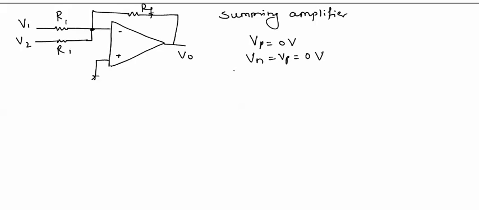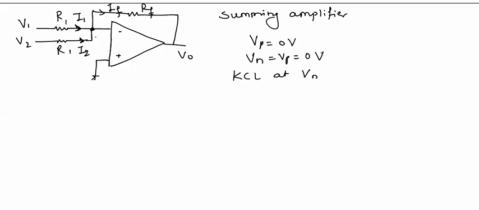Next we will apply KCL at Vn. If we apply KCL at Vn, we will mark all the currents. Suppose I mark this current as I1, this current as I2 and this current as IF. Note that there will be no effect on the calculation if I take the direction of current I1 and I2 as incoming current.